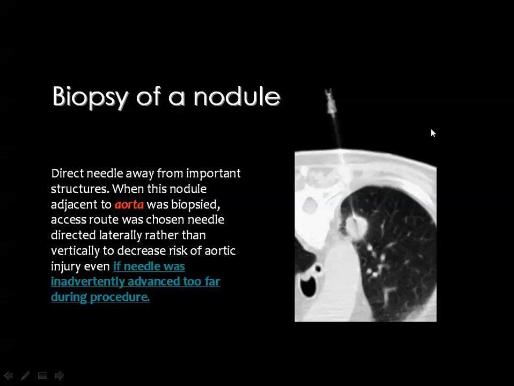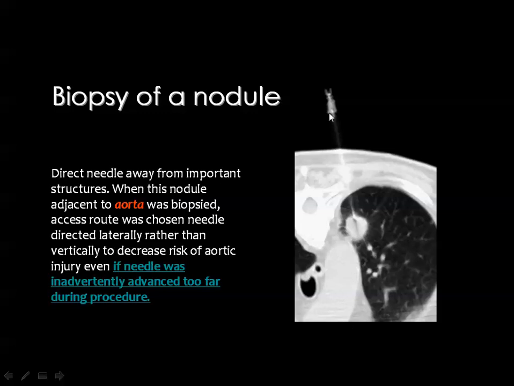Then this is one of the most important issues, whenever you are biopsying a lesion which is intimately related to the aorta or to the pulmonary artery. If you put your needle in a vertical direction and you miscalculate the depth of the lesion, you may puncture the aorta itself.